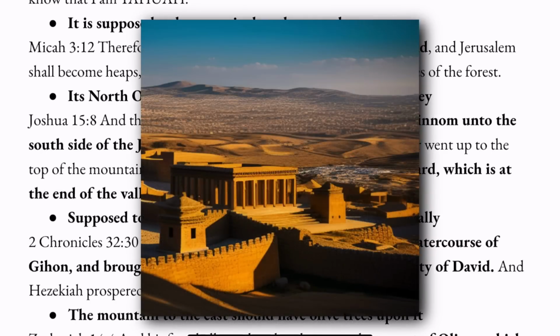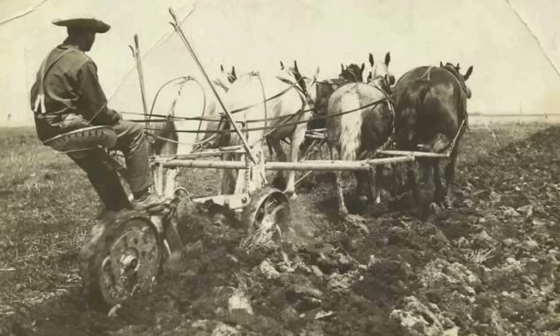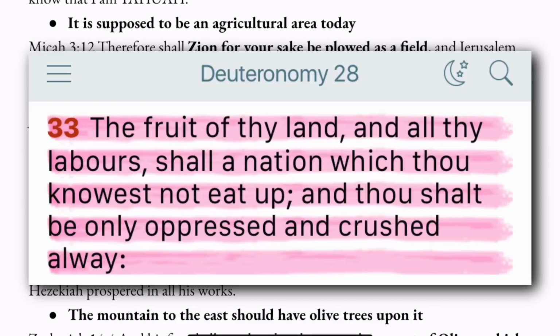So you had this city of glory that was broken down, uninhabited for years and years. And then strange people come along. They turned up the soil and turned it into a field for the crops that they grow as they eat up the produce of our land, like it says in Deuteronomy 28.